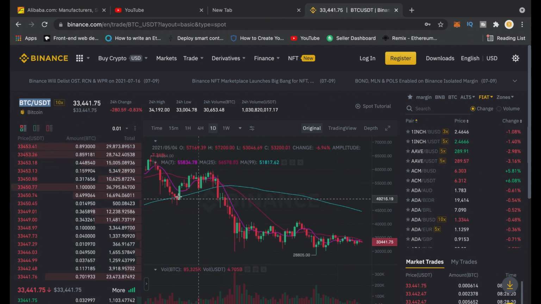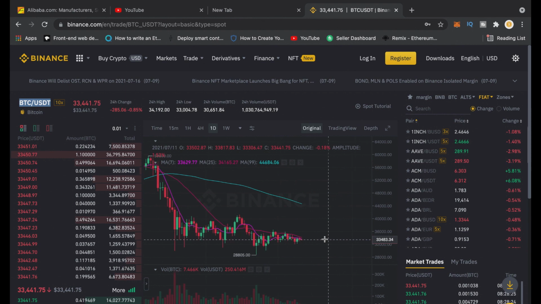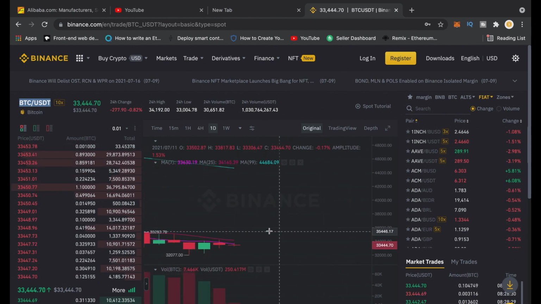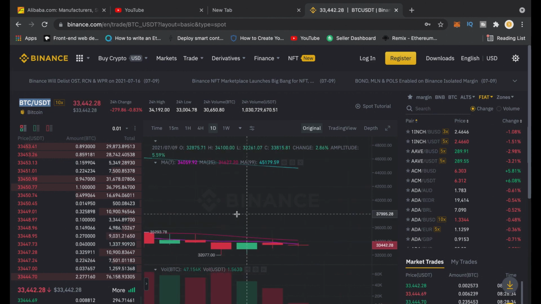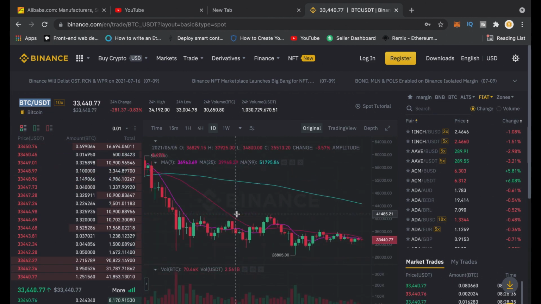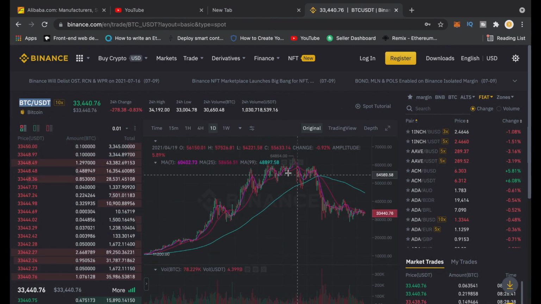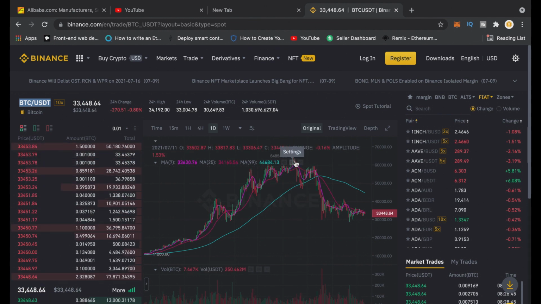You understand? So here is just the chart. You can actually look at it, analyze it and stuff like that before you go ahead and trade. You understand? So before you trade, it's nice you understand what the market is talking about and stuff like that.